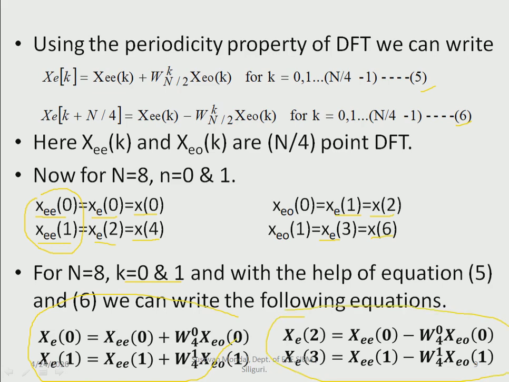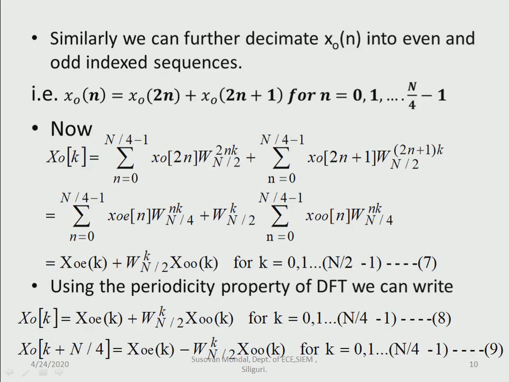Please go through all these equations. Just put the value of k and you will get all these equations. Now, again this odd part will be decimated, as I said. So if we decimate the even part, we can also decimate the odd part, and these two main equations will come from these calculations.